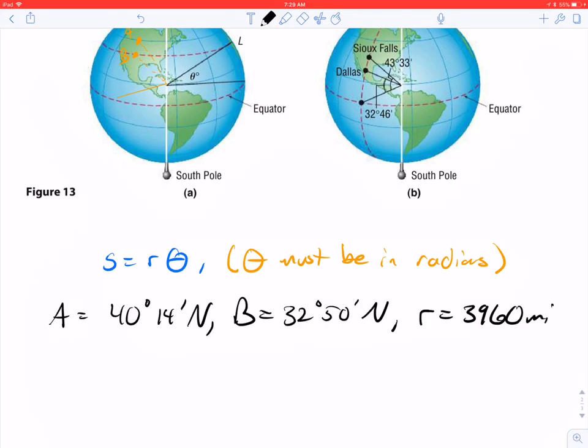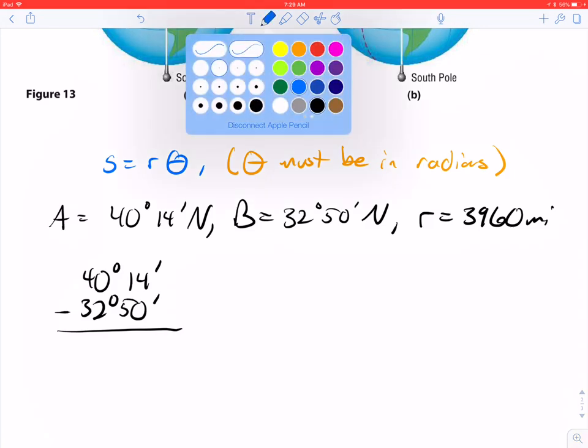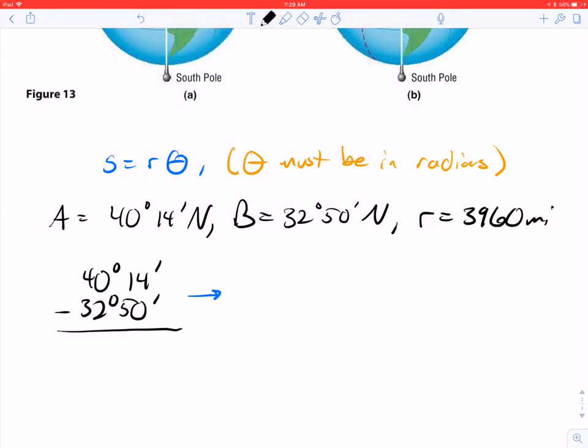Let's start off by finding the difference between these two angles. We're going to say 40 degrees, 14 minutes minus 32 degrees, 50 minutes. Notice, if we tried to say the top minus the bottom, the 14 minutes is too small for the 50 minutes. So we need to borrow 1 degree so that this will work properly. 1 degree is 60 minutes.